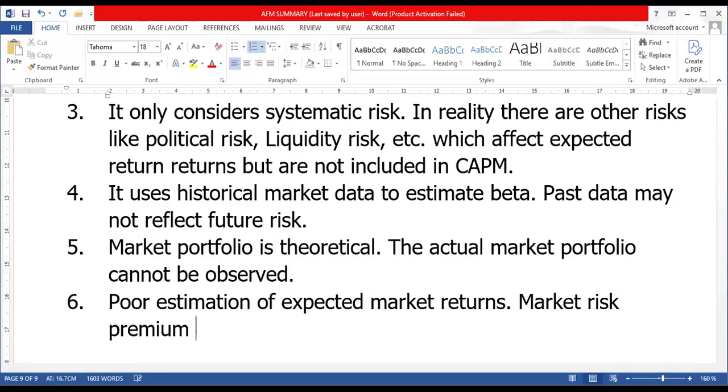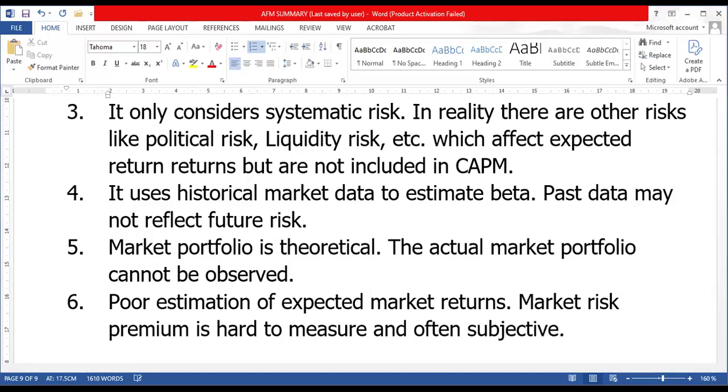The market risk premium is hard to measure, and often subjective. So sometimes as you do that, because you're relying on the estimation, sometimes it becomes very, very hard.